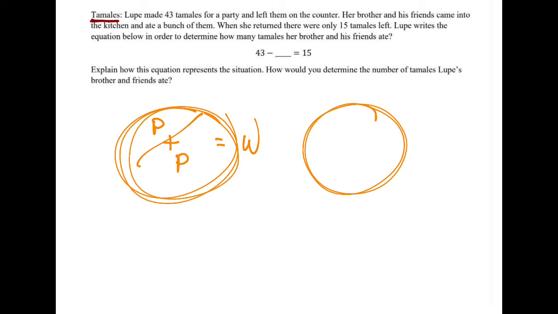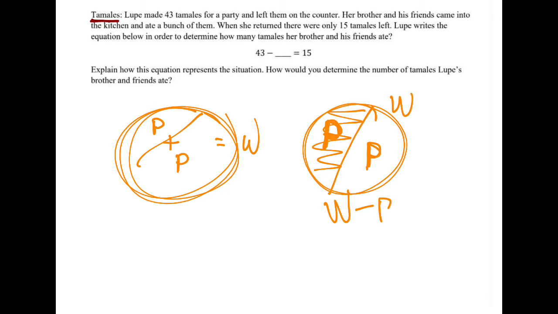That's the 43 tamales, and then we're going to take some of them away because her brother and his friends ate some of these. So they ate one of the parts, and they left another part. So we start with the whole, we minus a part, we get a part. Over here, part plus part equals whole.